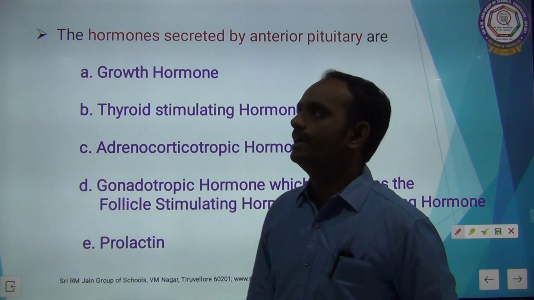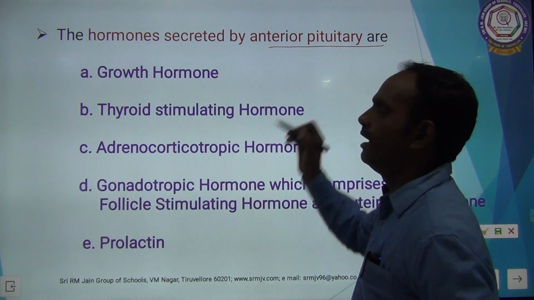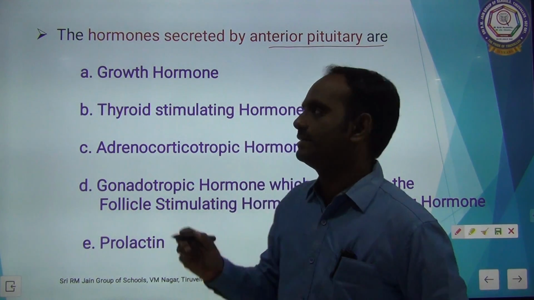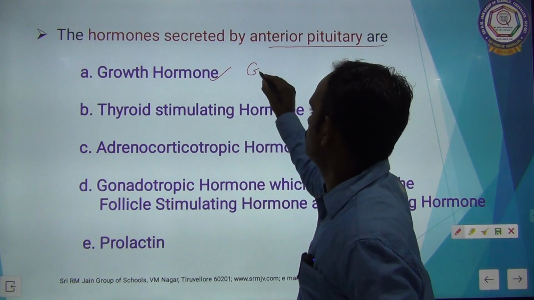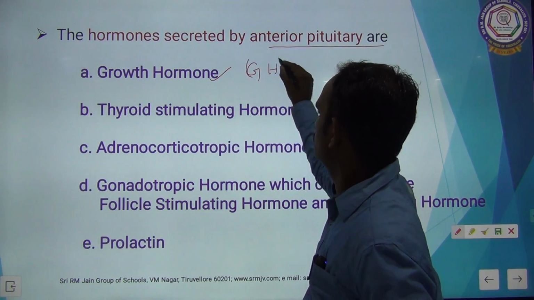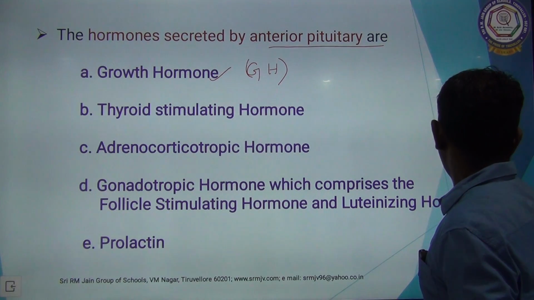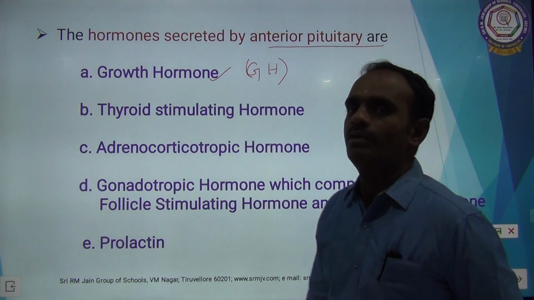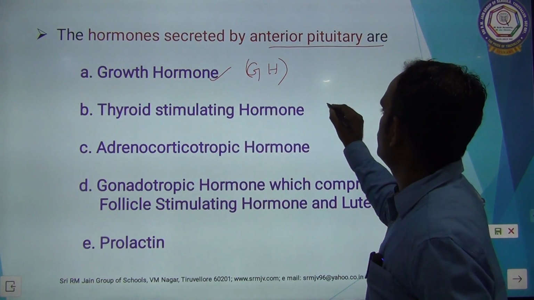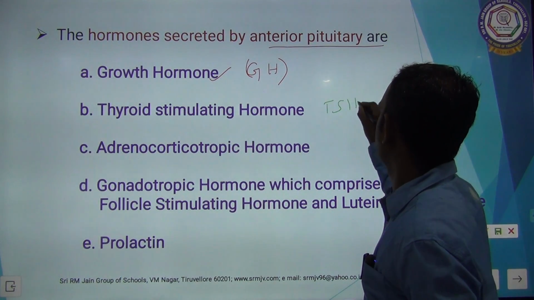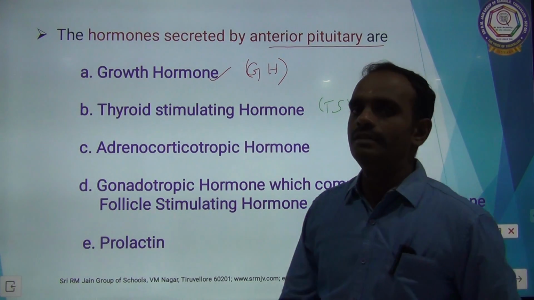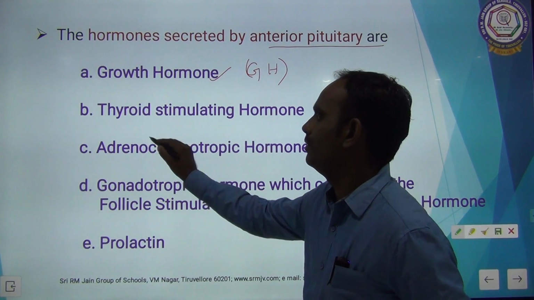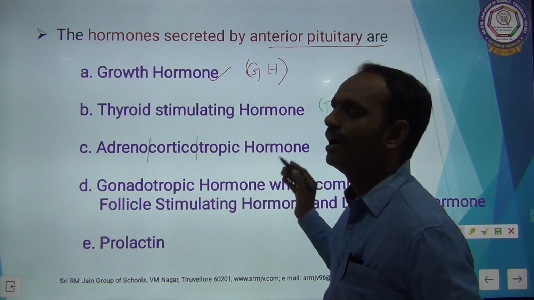The hormones secreted by the anterior pituitary are: the first one is growth hormone. The second one is thyroid stimulating hormone. The third one is adrenocorticotropic hormone.